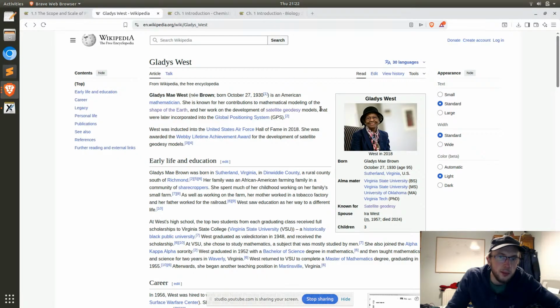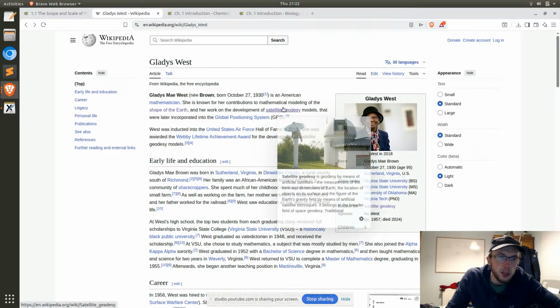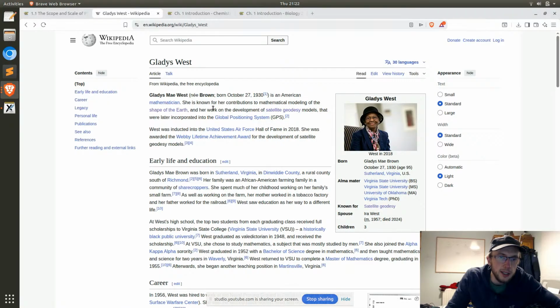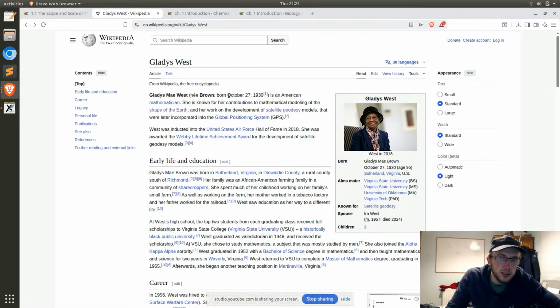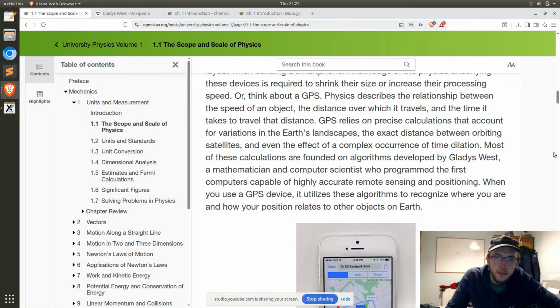And then her work in satellite geodesy was incorporated into the GPS, Global Positioning System, which is extremely important technology, just being able to say where you are. And that was attributed to Gladys West. So thank you, Gladys West.